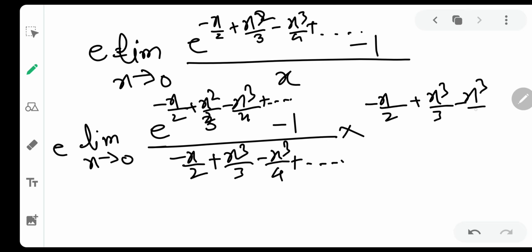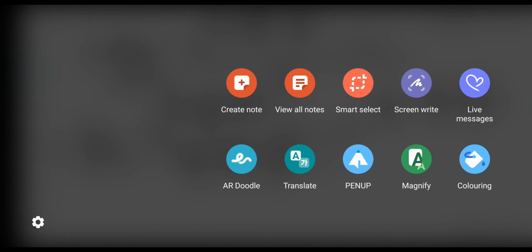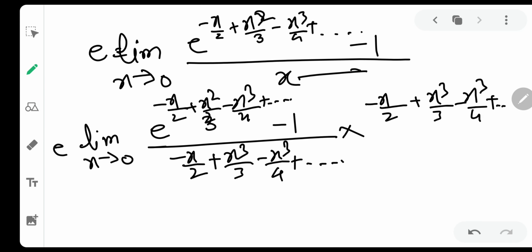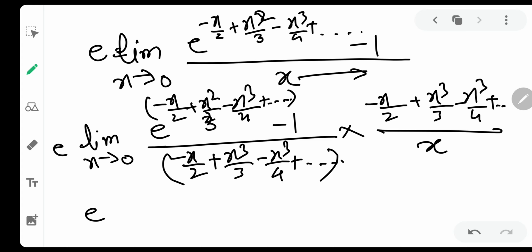That's what we are doing, multiplied and divided. Now as you can see, this x shifts over here. Now as you can see, the power over here is actually in the division. I have divided by the same power, so the power is also tending to 0. So basically what I mean to say is this whole expression is turning into 1.